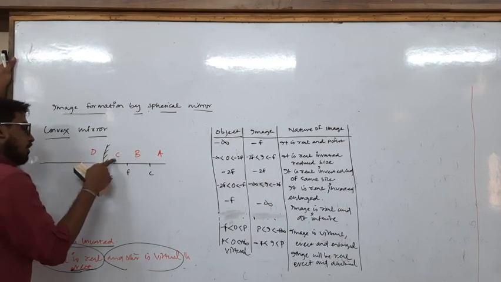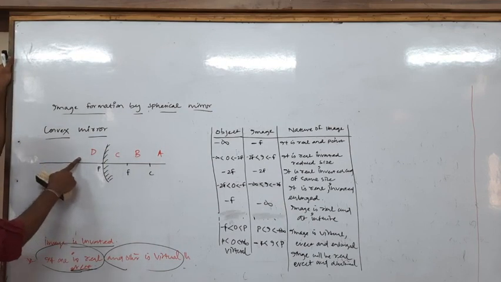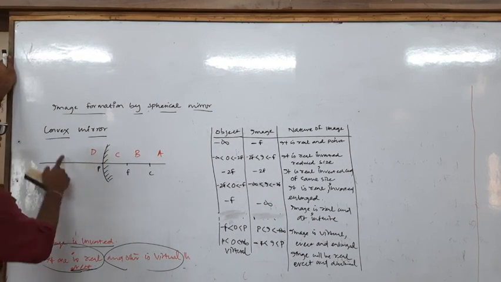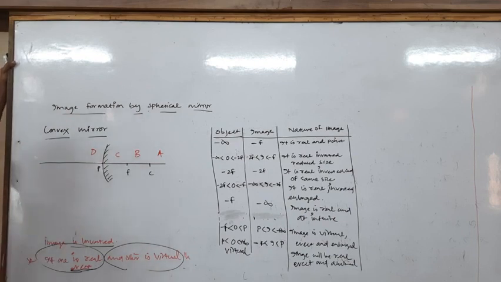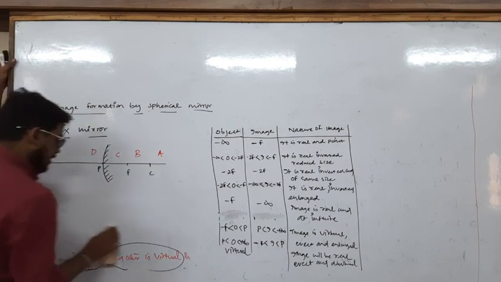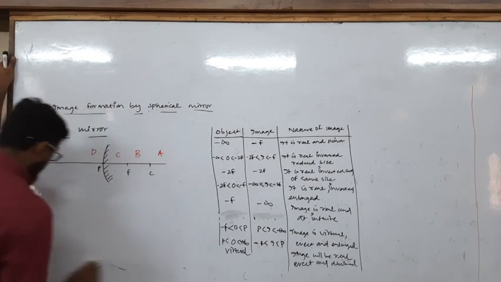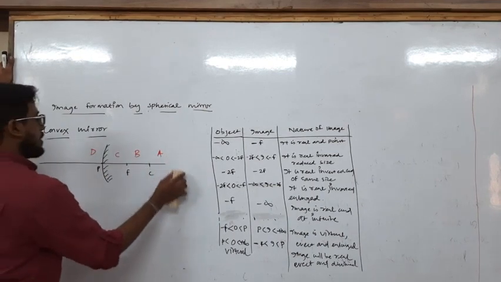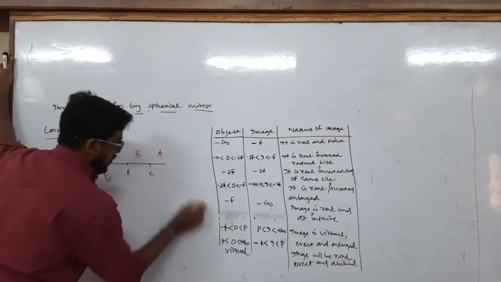Then the image will be at D, so it will be real, and as the region for the image is large, the image size will be increased in comparison to the object. And as the object is virtual and the image is real, the image will be erect in nature. And similarly for A and B you can determine by yourself.